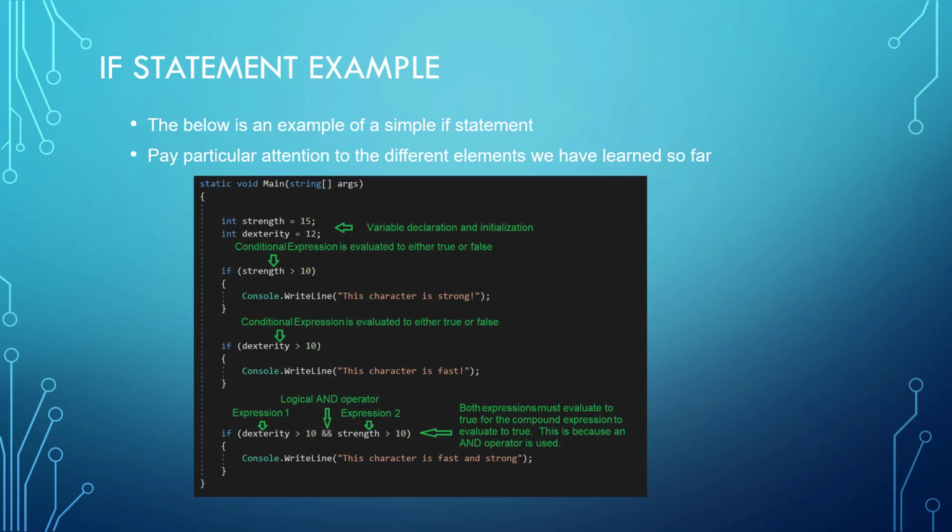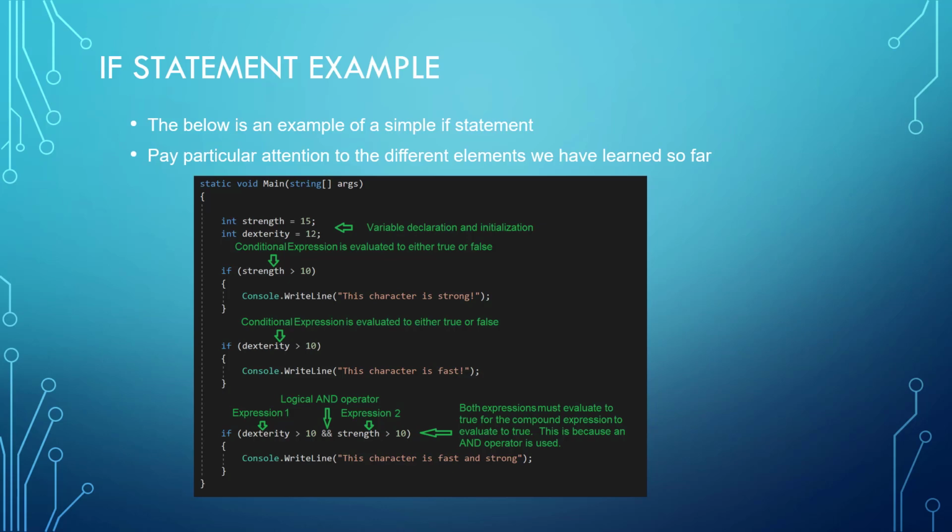However, the second conditional expression, dexterity is greater than 10, would return false, because dexterity wouldn't be greater than 10, because we would have set it to 8. And so it would skip that line of code, that statement where it says this character is fast, and never print that to the screen.